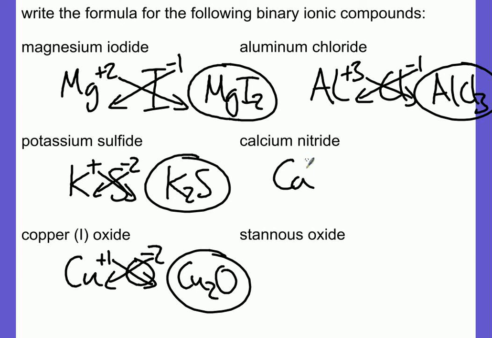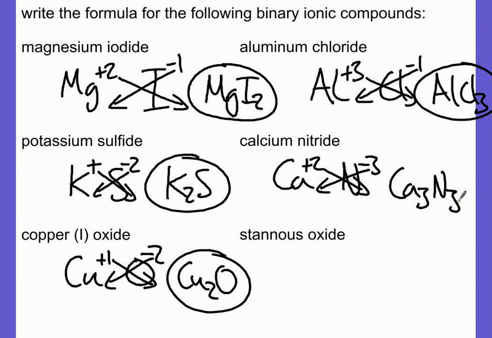Calcium is a +2 charge. Nitride, the -3 charge. Cross those. I know I'm going to need 3 calciums, and 2 nitrides to make that neutral.